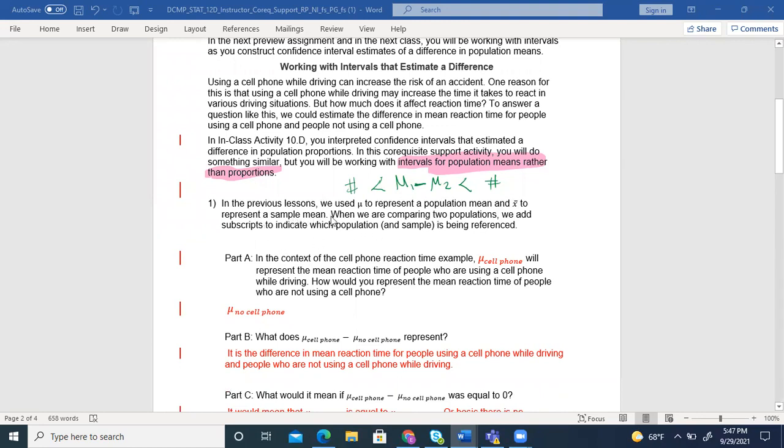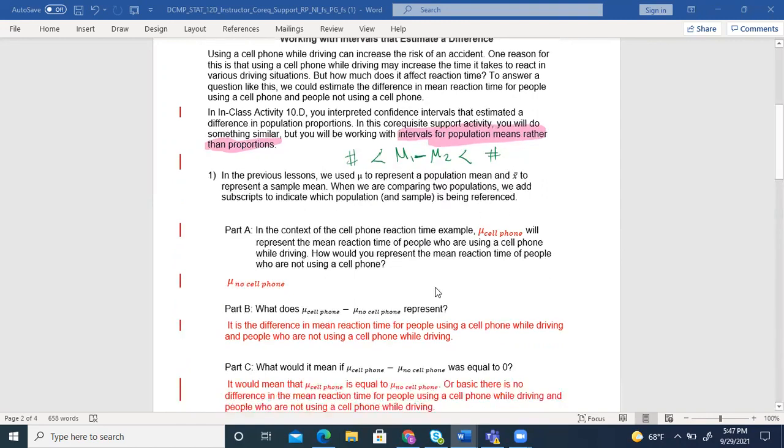In the previous lesson, we used mu to represent a population mean and x bar to represent a sample mean. When we are comparing two populations, we add a subscript, as we talk about here, to indicate which population is being referenced. In our example, we actually have two populations.